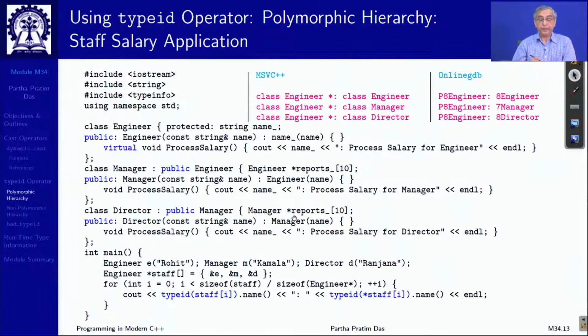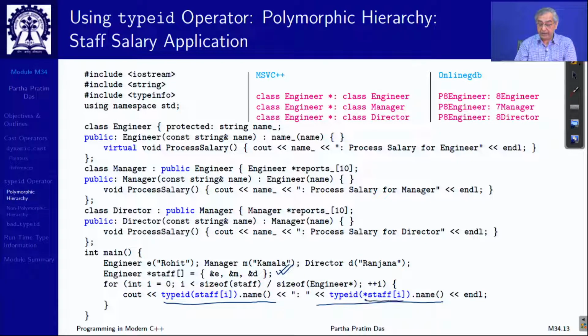The next example is the staff salary code that we had. I just put in the staff salary and put the typeid of staff i. Staff i is an element of the array of pointers, each of type Employee, but they are pointing to different types of actual objects.